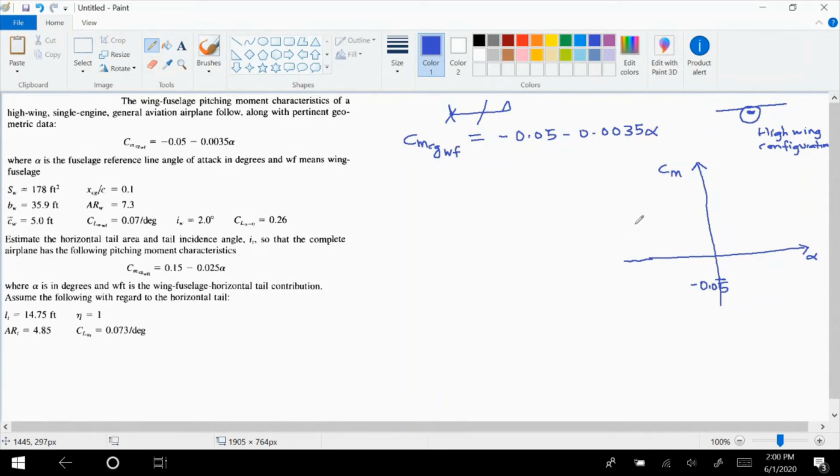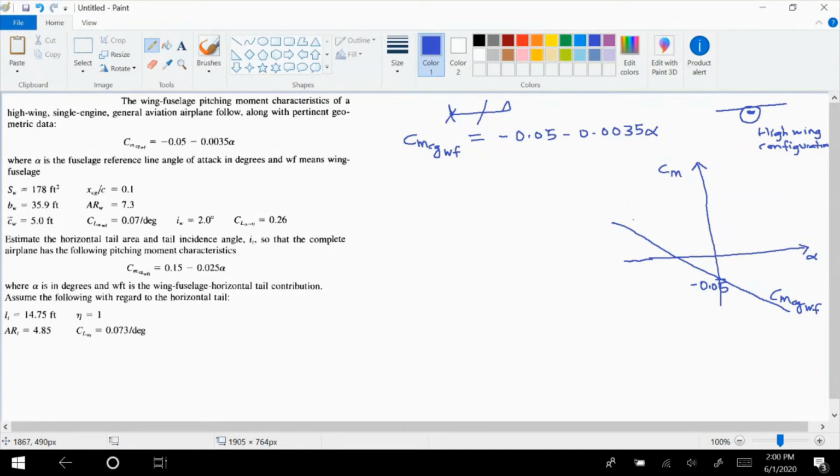It will be something like this, right? So this is our Cm about the center of gravity due to the wing and fuselage, where alpha is the fuselage reference line angle of attack in degrees, and WF means wing fuselage.